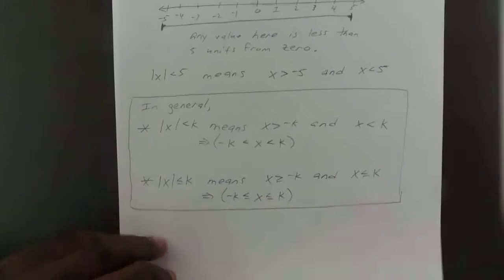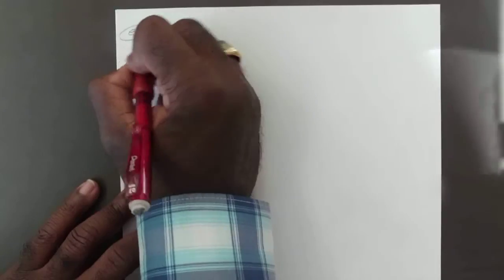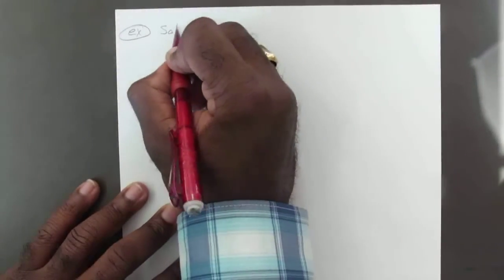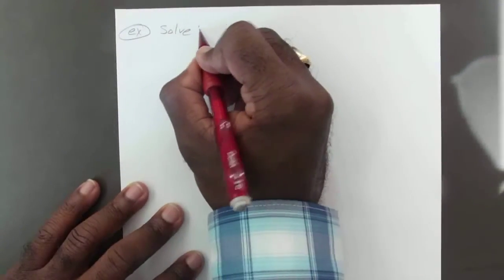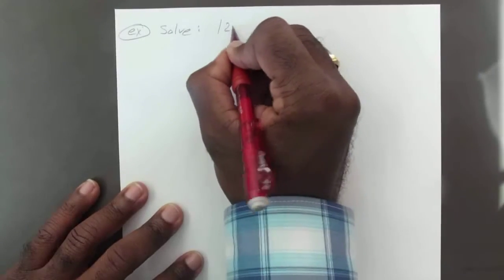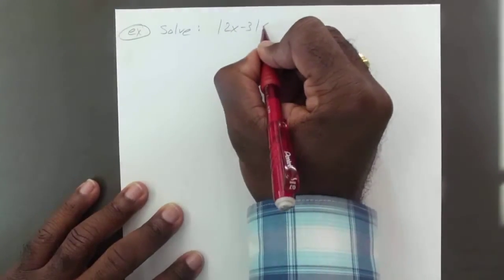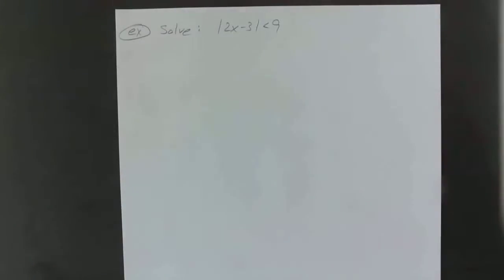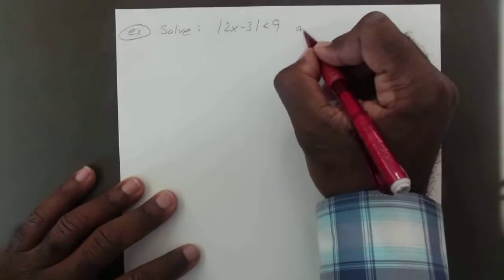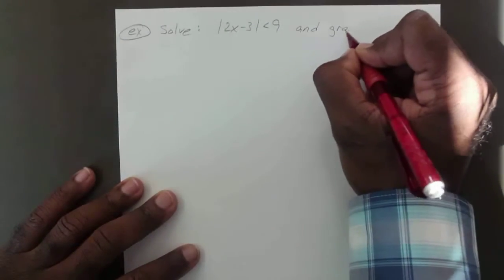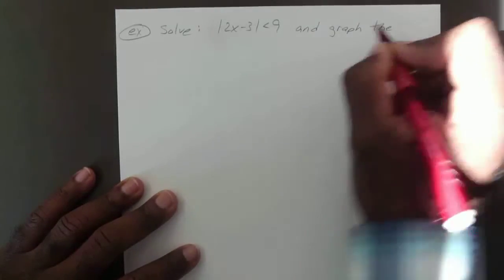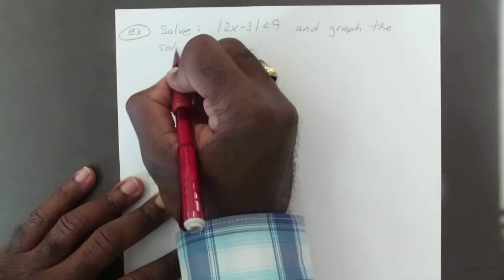All right. Let's start off with an example. Okay, so for example, let's say we wanted to solve the absolute value of 2x minus 3 is less than 9. And graph the solution set.